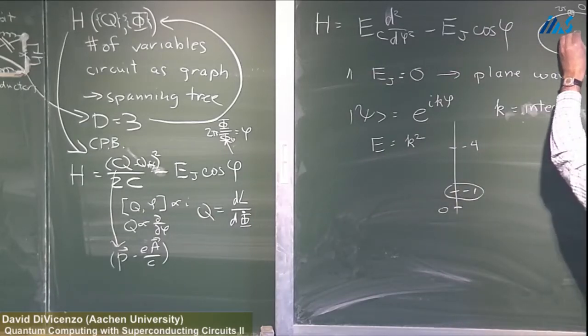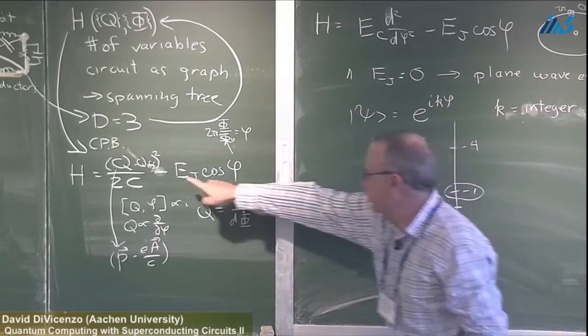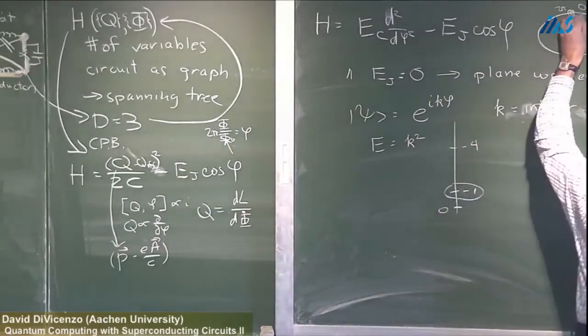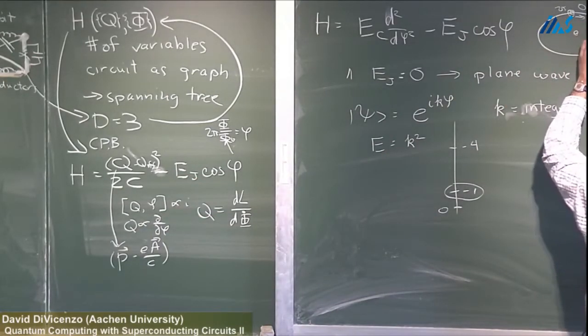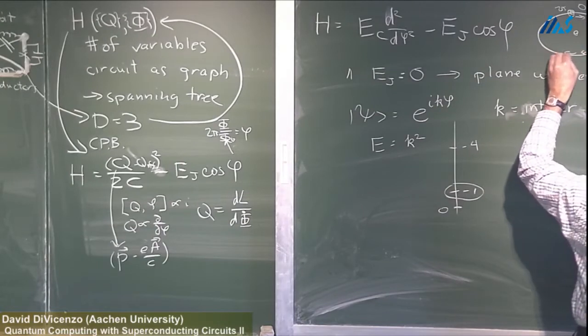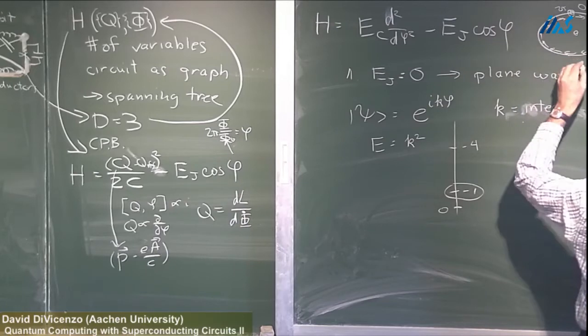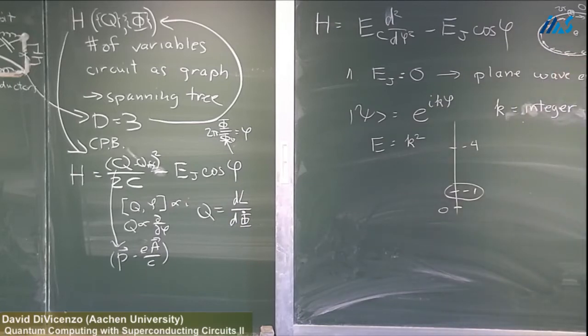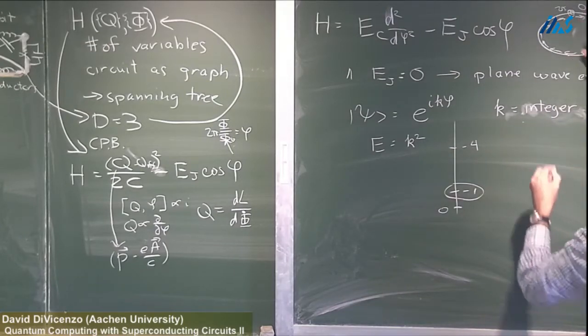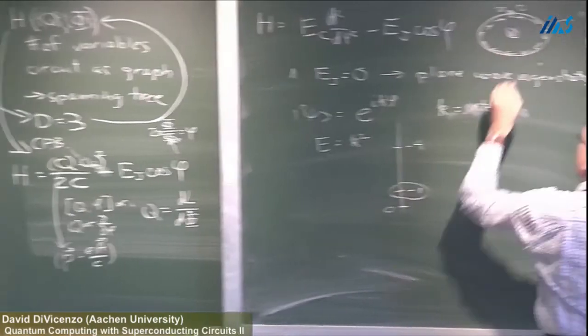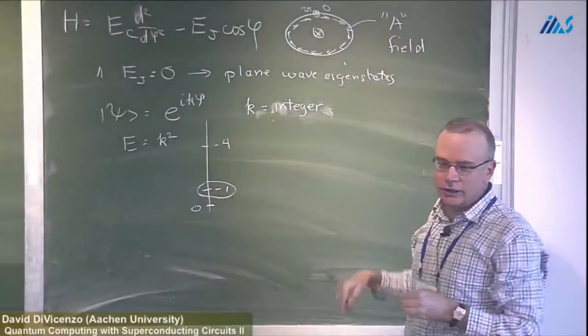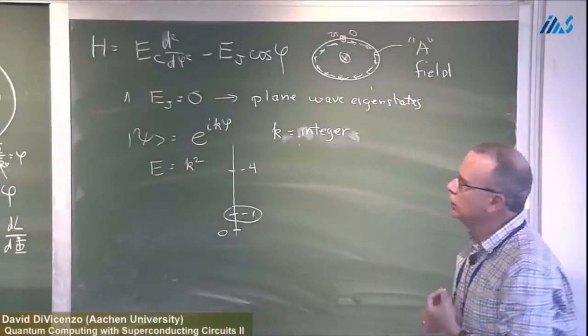This represents a specific gauge, a kind of constant gauge. If I drew this as an actual A vector field, it would just circulate around here. So this is a sort of vector potential field. That's the reason why, for this compact variable, this is functioning like an Aharonov-Bohm flux.